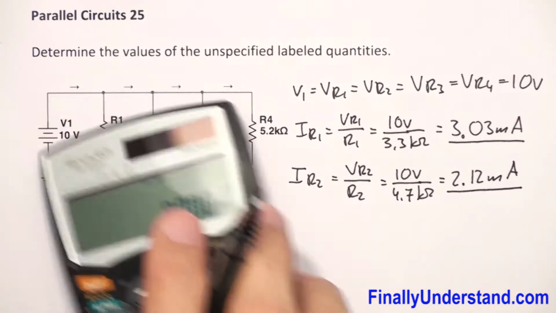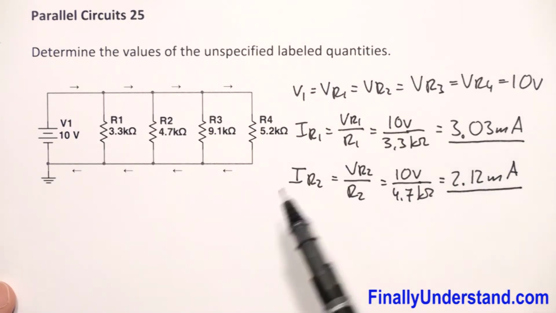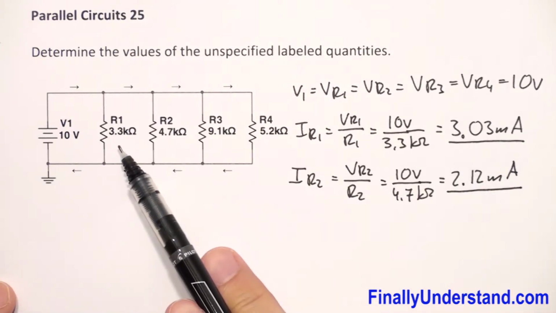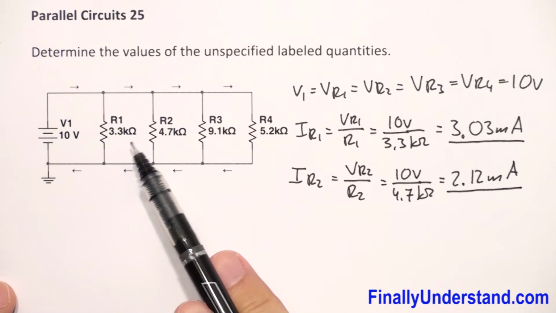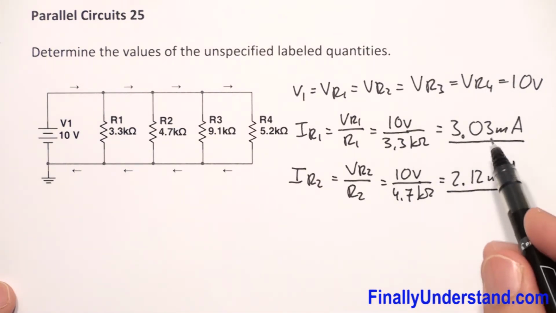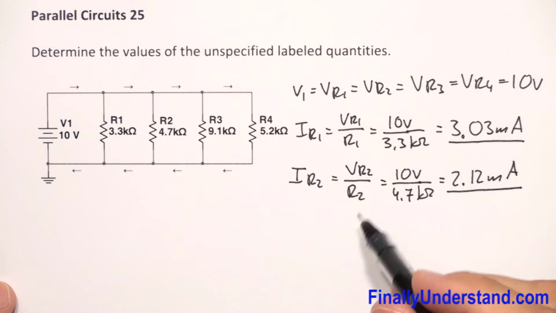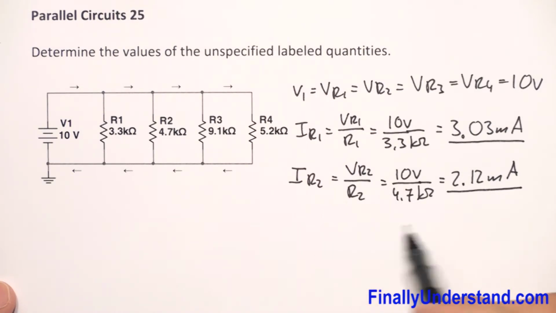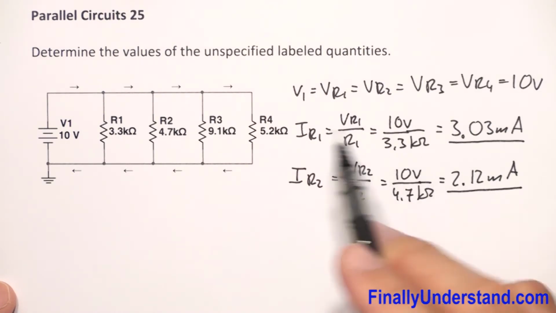Okay, please notice that when we have lower resistance, a higher current is going to go through that resistor. When we have higher resistance, a smaller current will go through that resistor.